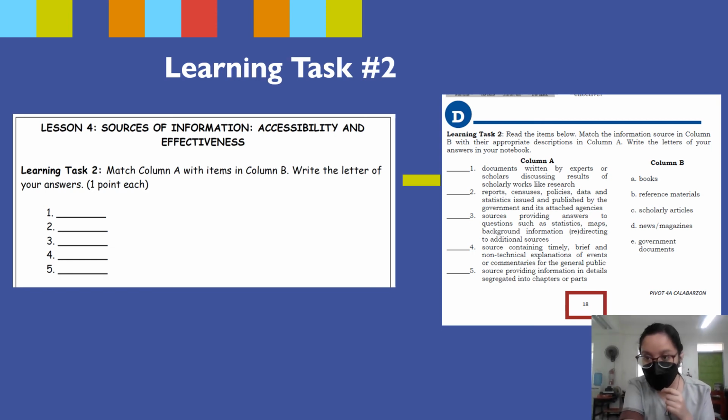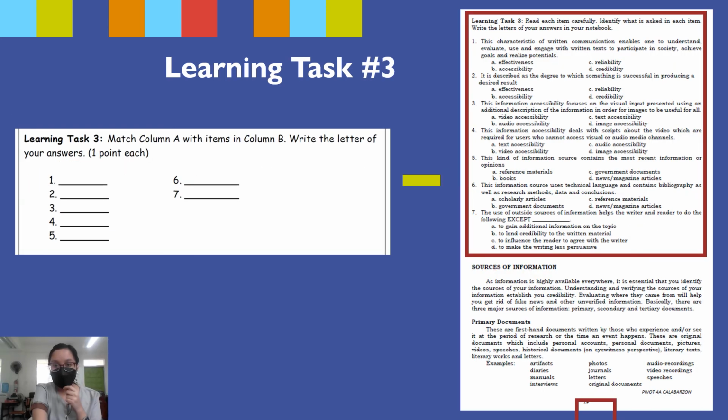Page 18, ha, don't forget. Learning task 3. So here, you also have to read the item and then identify the right answer, letter only. This is page 19.